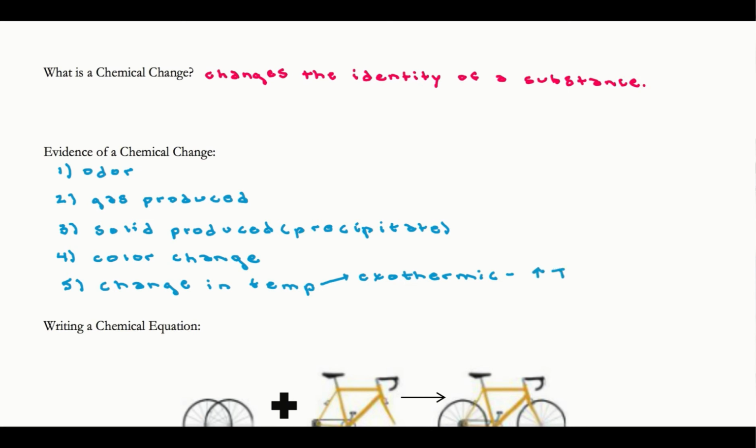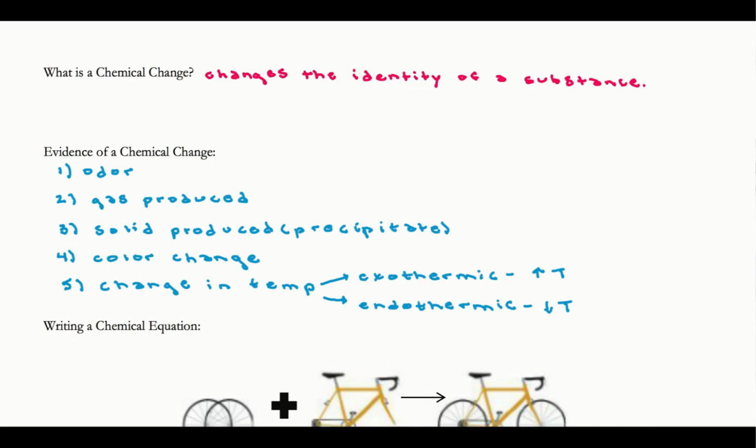Okay? If instead the temperature decreases, then it is an endothermic reaction. The reaction itself is taking in heat. And so as a result, it's taking in heat from its surroundings. So if you were to measure the temperature of the solution, the surroundings would actually decrease. Okay, so those are your 5 evidences of a chemical change.